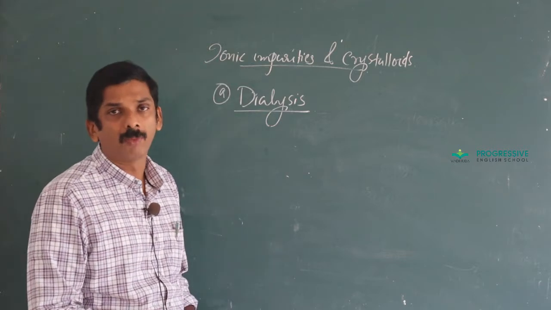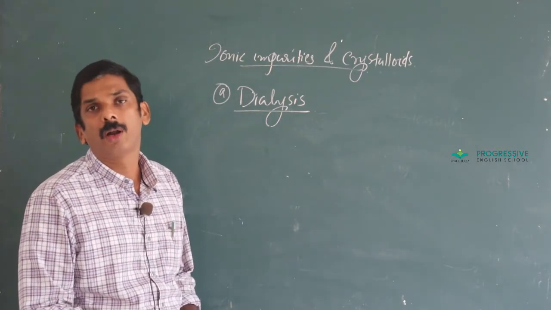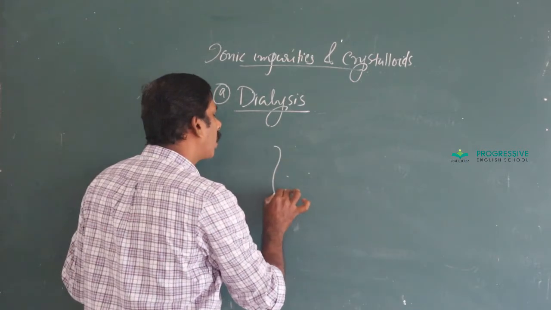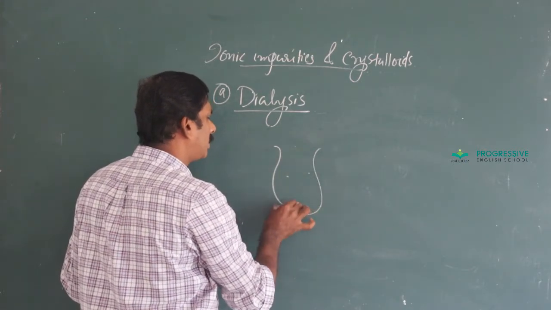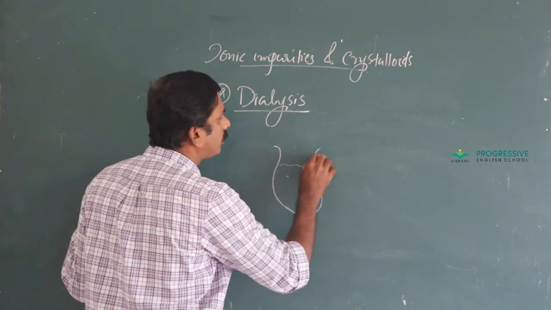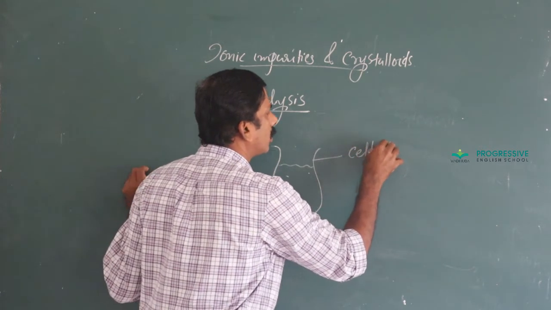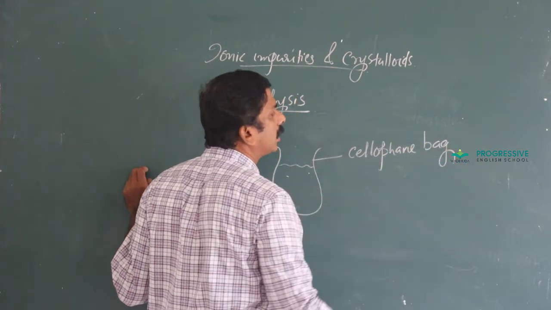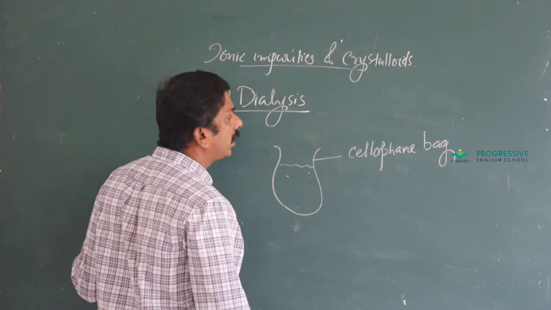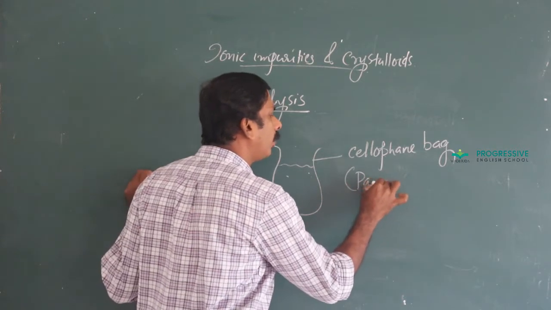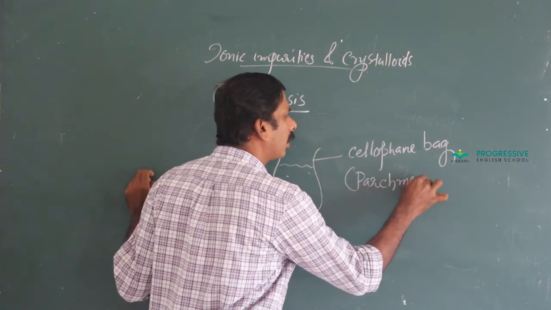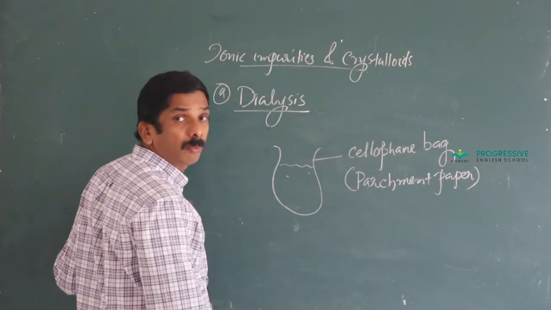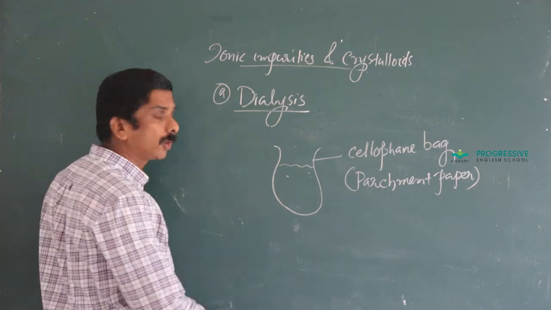And here we discuss the principle of dialysis. In dialysis, the impure colloid is taken in a cellophane bag or a parchment paper, just like the semi-permeable membrane discussed in the case of osmosis.